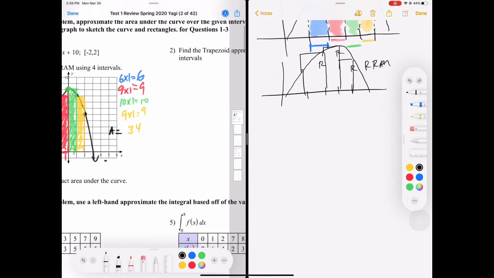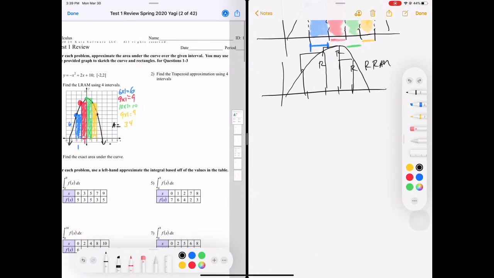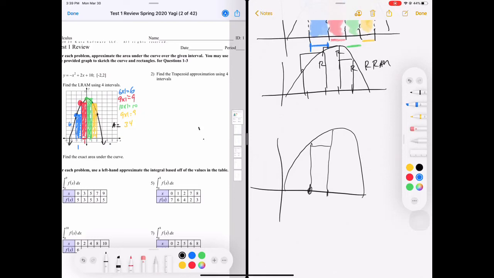The next problem here asks us, hey, using the trapezoid method. Now, trapezoid approximation is drawing a trapezoid from it. So given a curved problem, let's pick a point here, one here. A square, no matter how nice the square is, is never going to be exactly matching that graph, right?